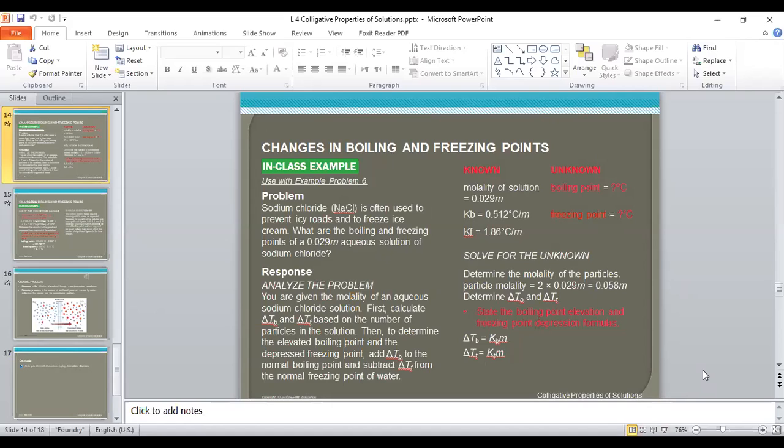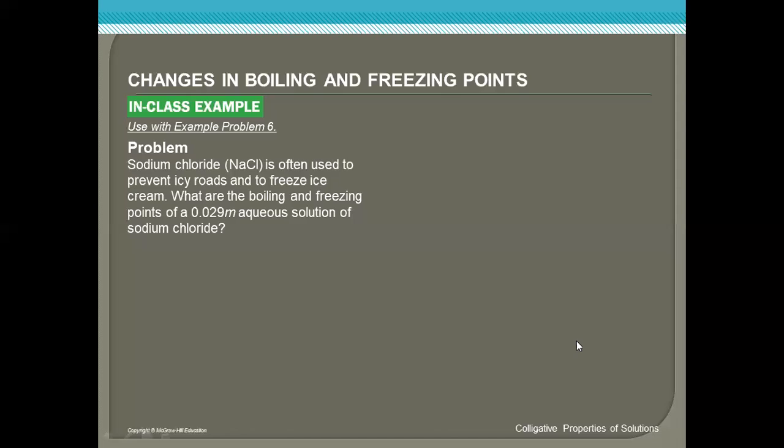Good morning, guys. Now, inshallah, we are going to complete our session about colligative properties of solutions. We are going to take a problem and solve it using the rules we studied before.